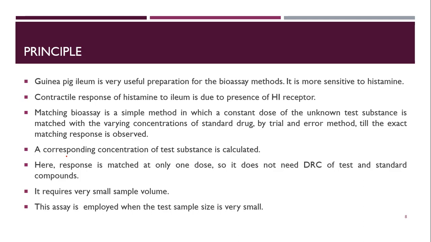As we don't need to draw the DRC of the standard and the test, the reason is that we require a very small sample volume, and that is the main point of this particular method: if we have very little test substance and standard substance in our hand, then in that case we have to go for this particular experiment, that is the matching method.